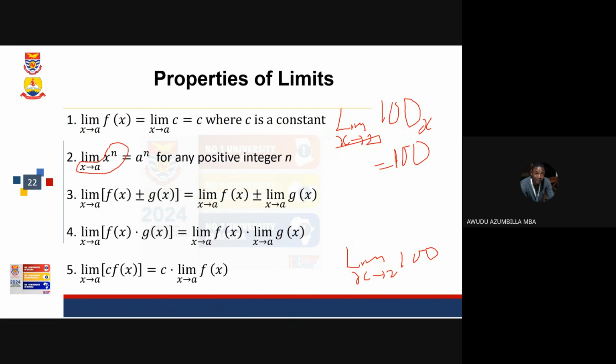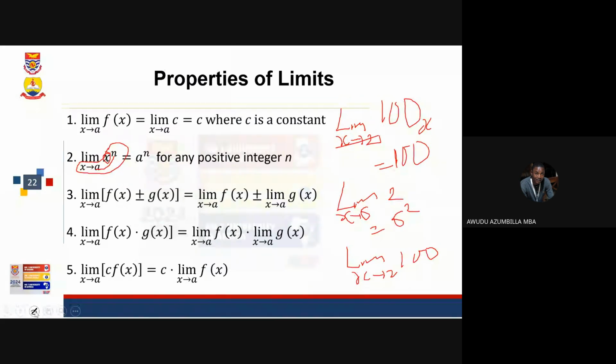The x here will come and be raised to n. So if you have the limit as x approaches 6 of x squared, it's telling you that it's going to give you 6 raised to power 2. 6 raised to power what? 2. So this rule is also another rule that we have to take note of.